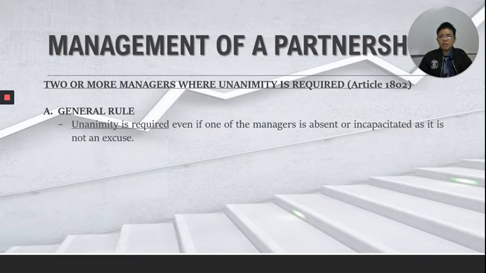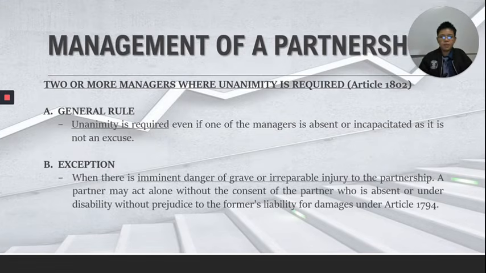Now, that is the general rule. Diyang absent, diyang incapacitated, even if they are abroad, remember, you have to get their consent, you have to get the vote, except when, number one, actually only one, when there is imminent danger of grave or irreparable injury to the partnership.